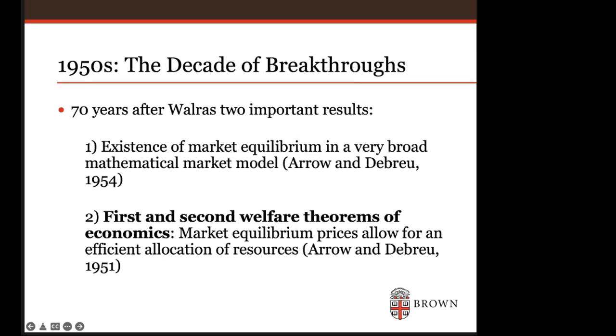This makes markets even more important to study, because it tells us that the way we interact through markets is efficient. So we should implement markets everywhere, but in particular markets which do get into an equilibrium, because it's the equilibrium itself that allows for this efficient resource allocation.